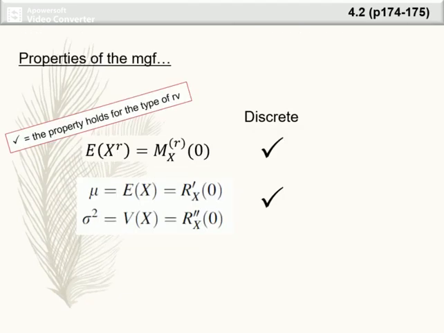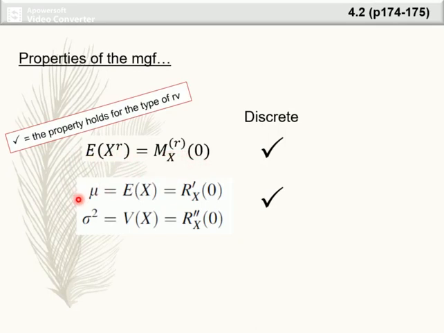We're now going to have a look at the properties of the moment generating function for a continuous random variable. In the discrete case, remember that all of these properties held. The expected value of x to the power of r is equal to the rth derivative of the moment generating function with 0 substituted in place of t.